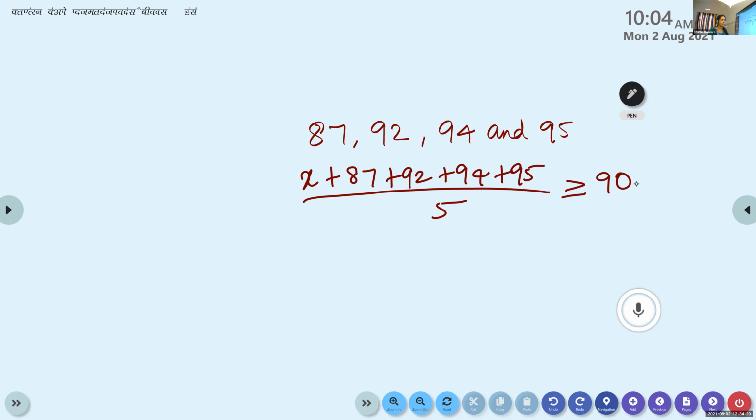Now simplify this and find the answer. What is the mark?